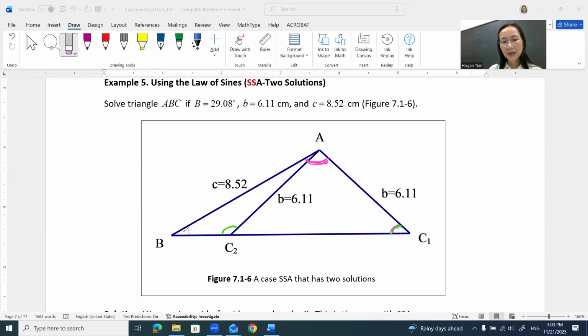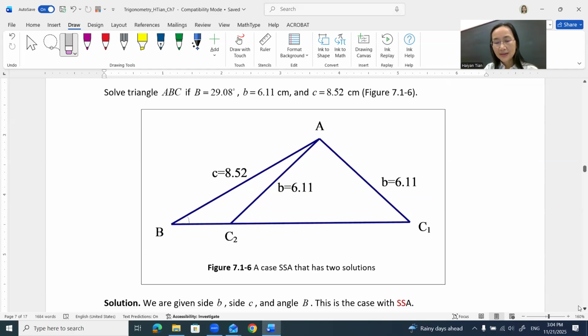A is 180 minus the B and this C acute angle, then we can find the A, which is obtuse. But when C is obtuse, then we can find A, which is an acute angle. So then we see the two different triangles. So depending on which C value, the C value will decide what A angle is.